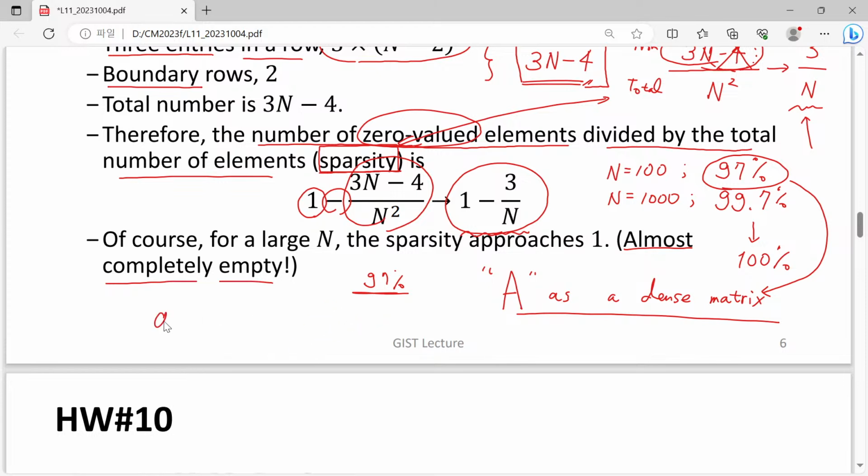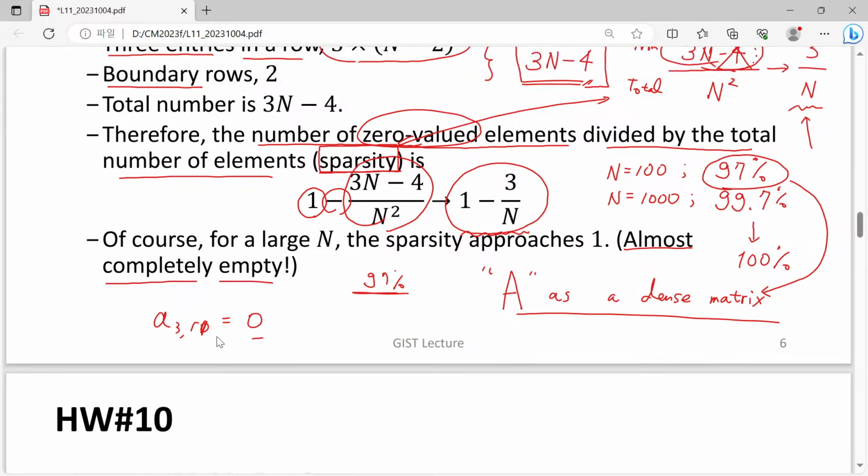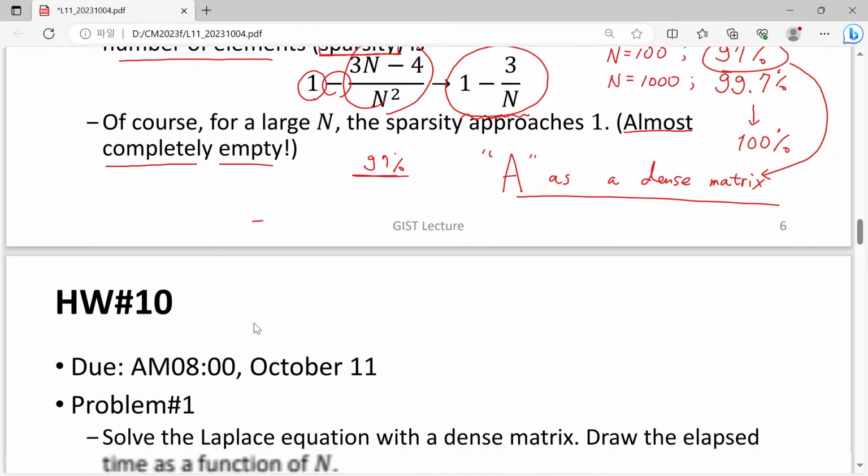But let's say 3, 10. Is this 0? Yes, that is 0. 11? 0, 0, 0. We will just be specifying double precision 0 to specify this almost empty matrix. So this is quite inefficient.